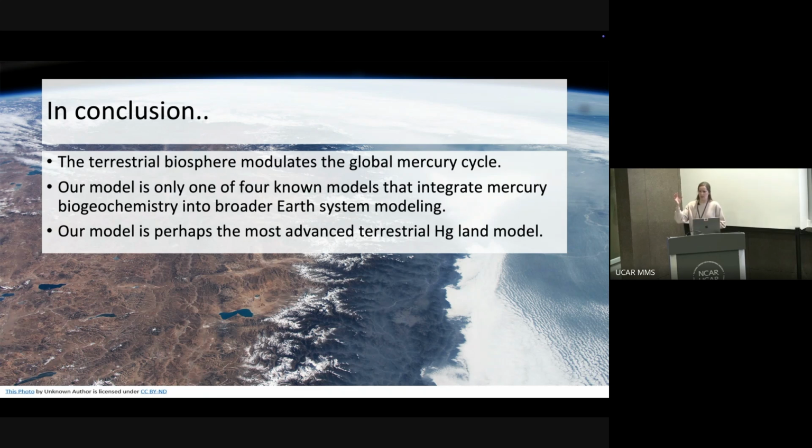So there is a mercury evasion from microbial respiration, and also just from organic matter decomposition, abiotically, and then dissolution to soil water and rivers and oceans. That is another big area that we're looking at. So we're trying to see exactly how much is going to be partitioning to each pathway.